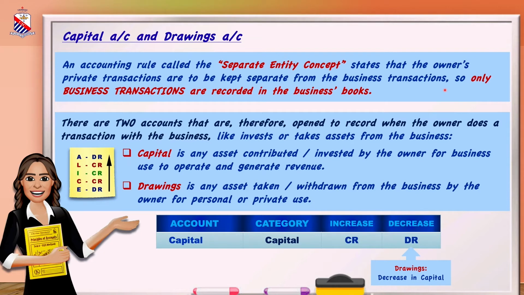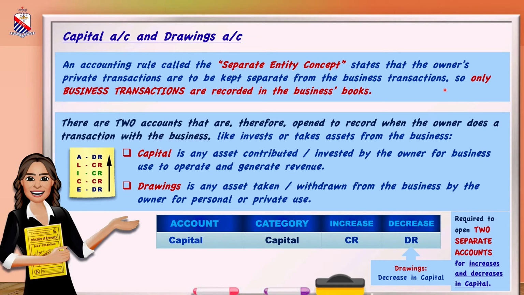However, for accounting purposes, we prefer to keep the investments, which is the capital, separate from any drawings. In capital, you don't see any decreases. The only thing you see would be the increases. Therefore, we will have a separate account for the decreases, which is your drawings.